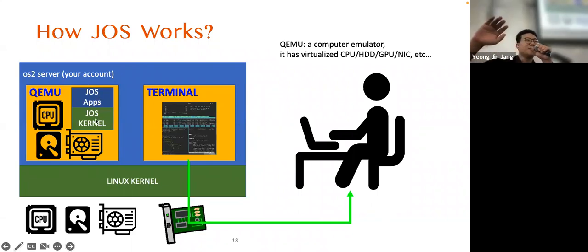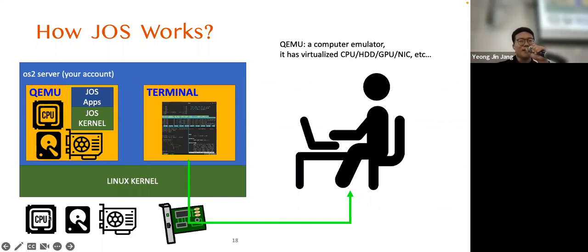Those kernel and apps will virtually feel the same and have the same interface to interact with the virtual hardware. Even if they are connecting to the real hardware, they will use the same interface. What QEMU does for us is actually virtualizing all the hardware.